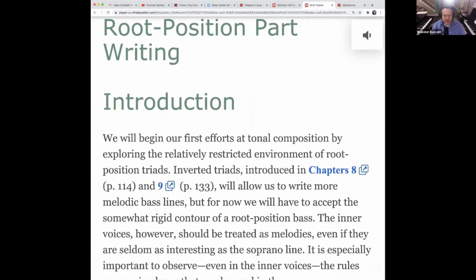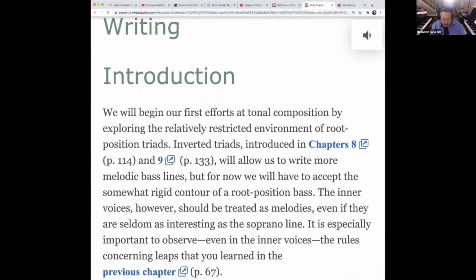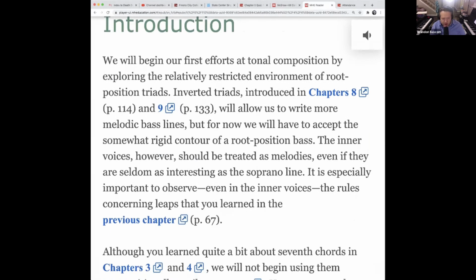We will begin our first efforts at tonal composition by exploring the relatively restricted environment of root position triads. It's totally restricted. I can't breathe. Inverted triads are introduced in chapters 8 and 9, and they will allow us to write more melodic bass lines, but for now we will have to accept the somewhat rigid contour of root position bass.